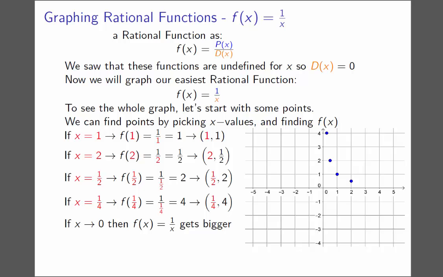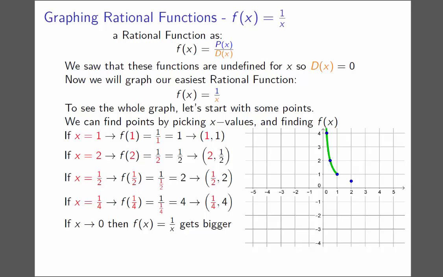Now if x gets closer and closer to 0, then our function f of x, which is 1 over x, gets bigger and bigger. For example, 1 over a tenth is 10. 1 over 1/1000th is 1,000. So we can use this to fill in our graph as it gets closer to 0.